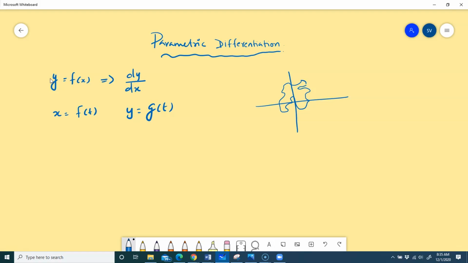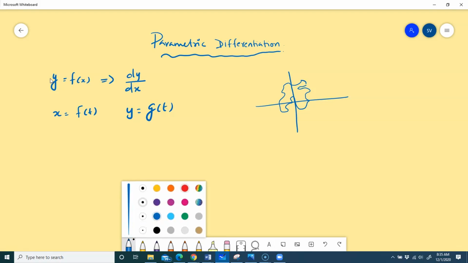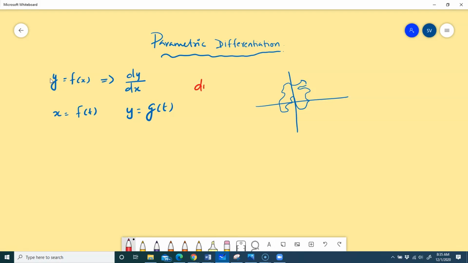For that we need to first understand that we have a formula, or a method, to find the derivative of this function. I can give that formula in advance. dy by dx is equal to dy by dt over dx by dt. This is actually the formula.